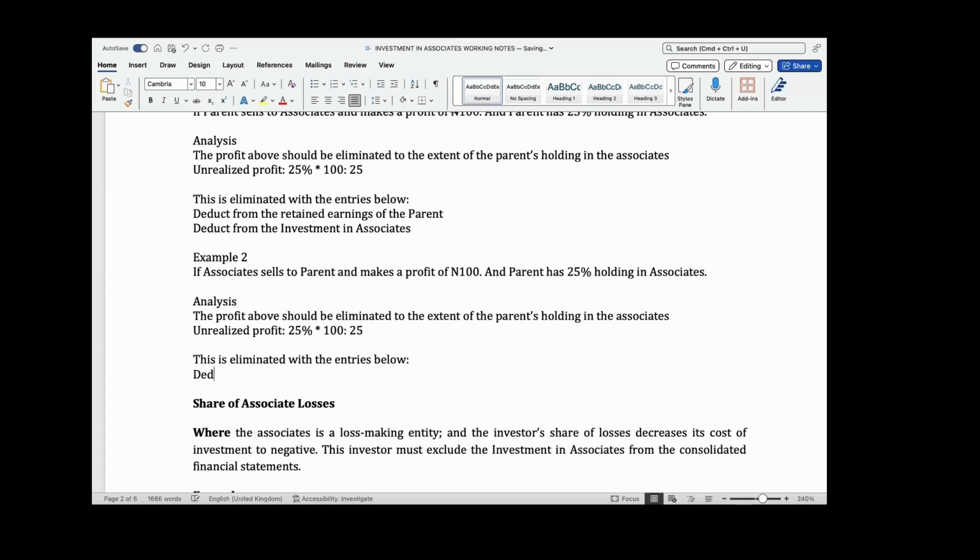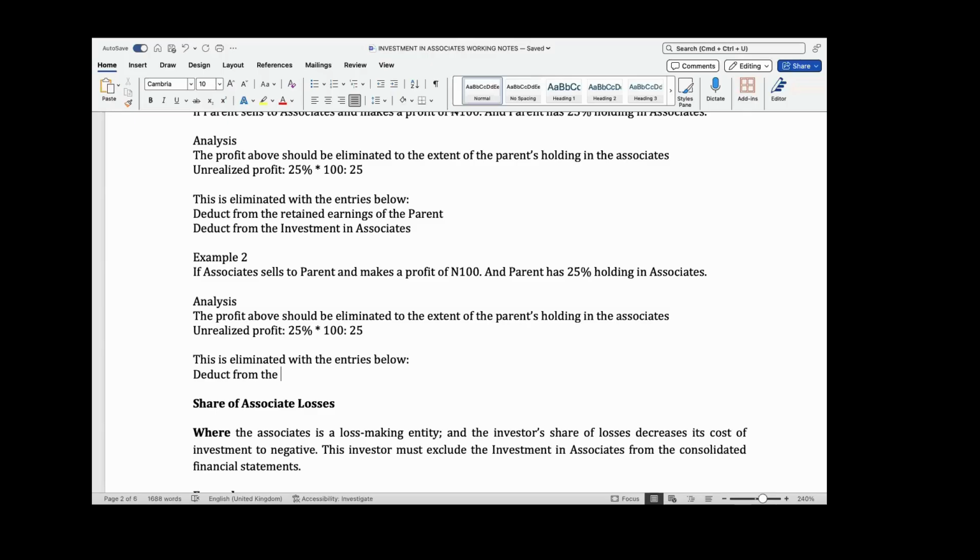How do we eliminate it? So we will deduct it from where now? I would say the retained earnings of the parent. No, it's not the parent making the profit. Okay, I think from the profit of the associate. The investment in associates, because that's the only account that will show in the consolidated statement.